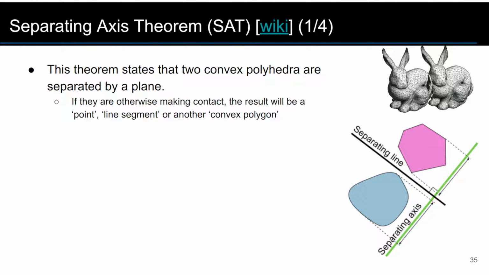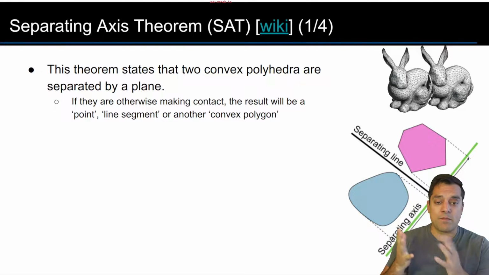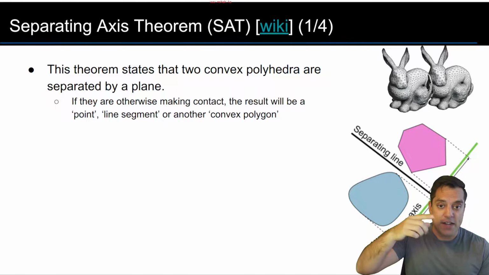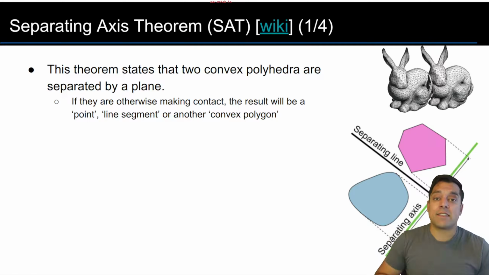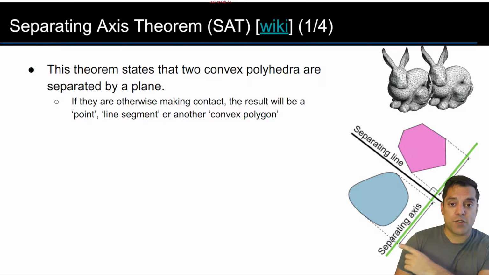So this is essentially what we're doing when we do a triangle to triangle intersection: projecting all of our points onto a line and testing to see if there is overlap amongst those triangles.